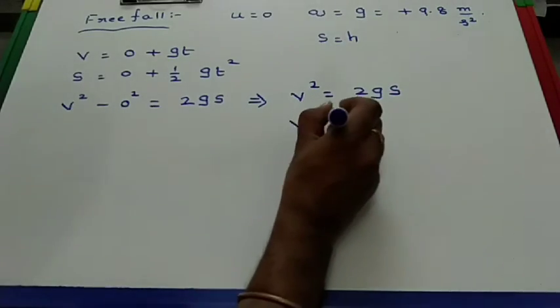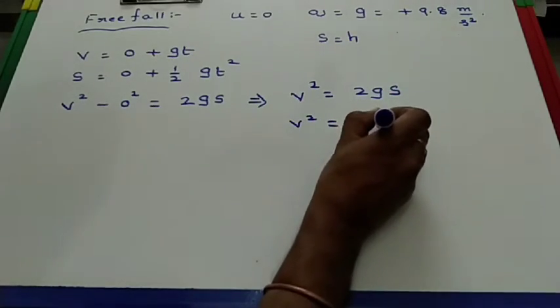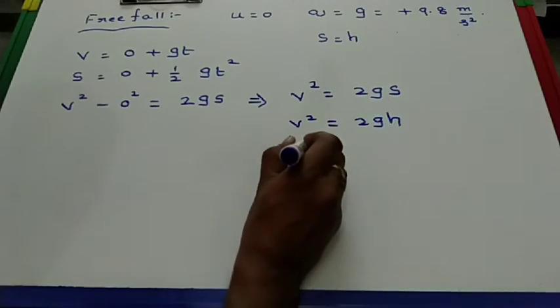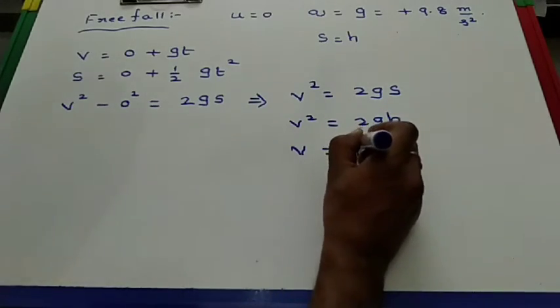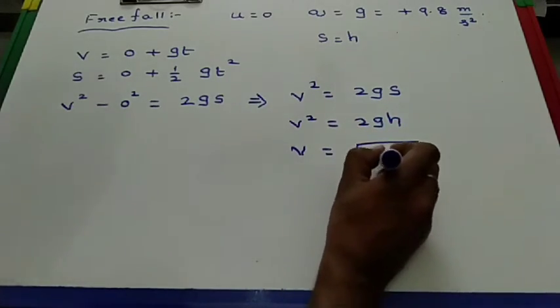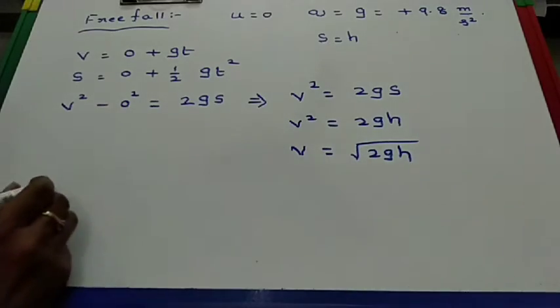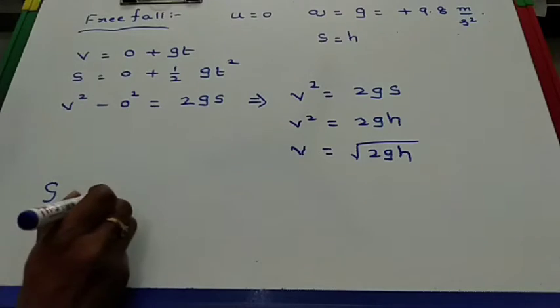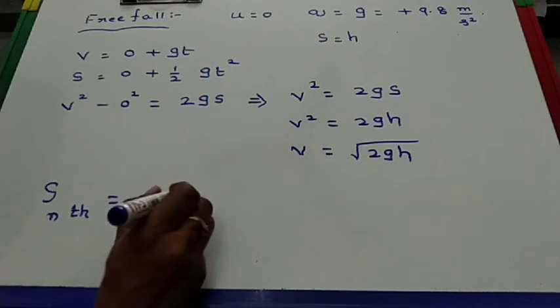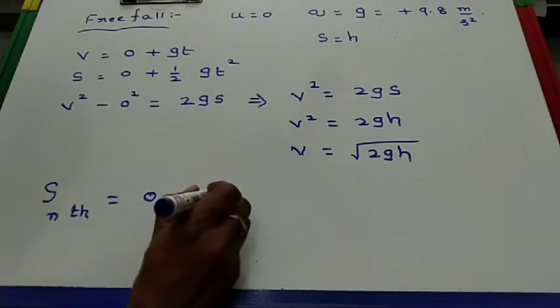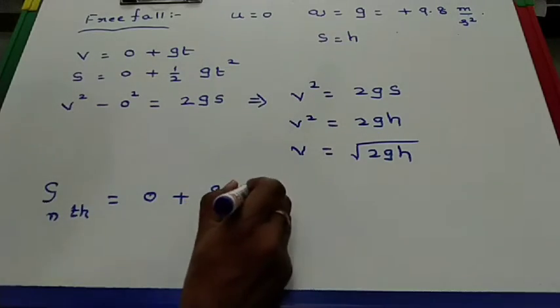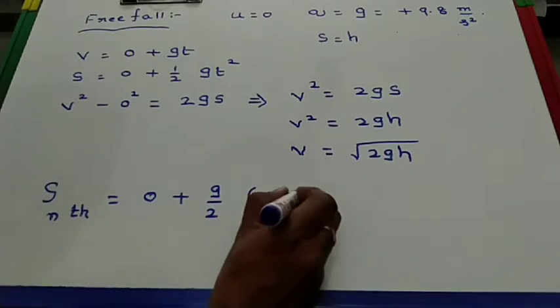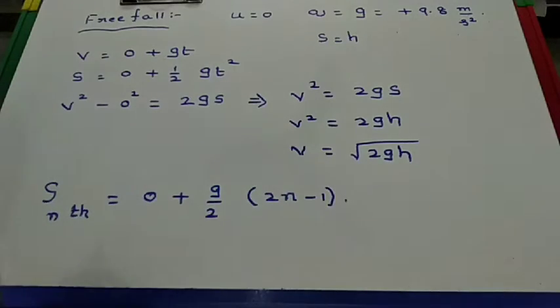Therefore v square is equal to 2gh. v is equal to root 2gh. s nth is equal to 0 plus g by 2 into 2n minus 1.